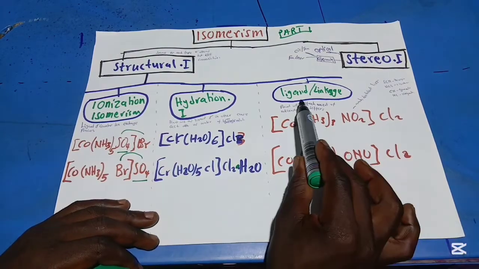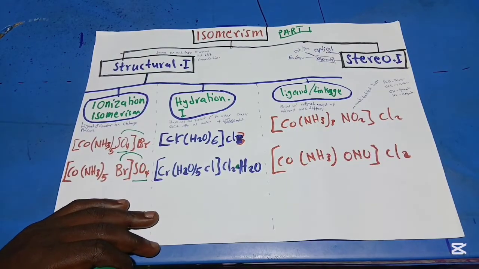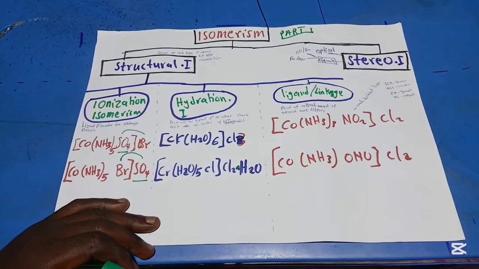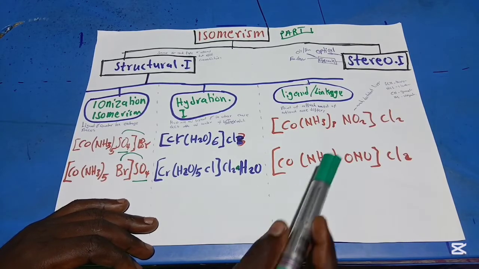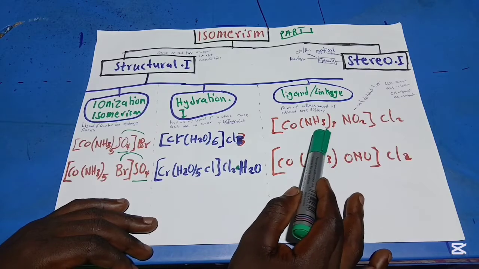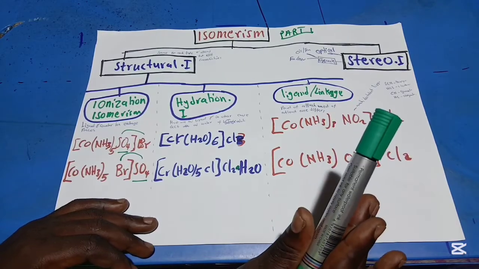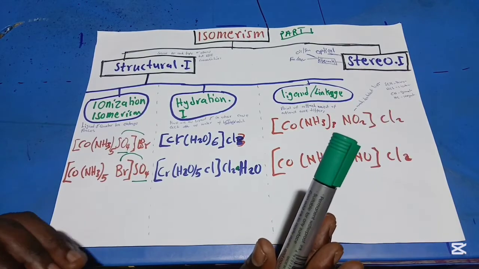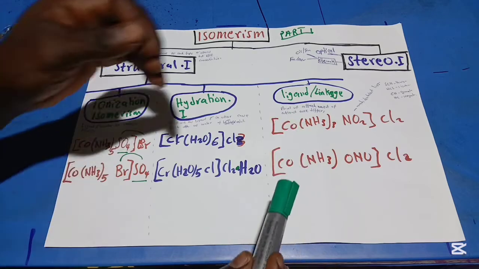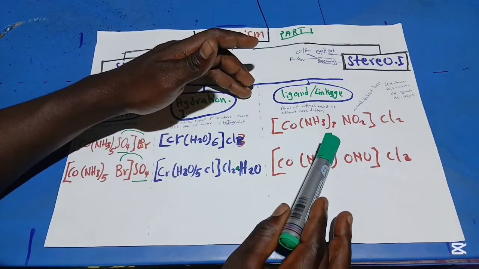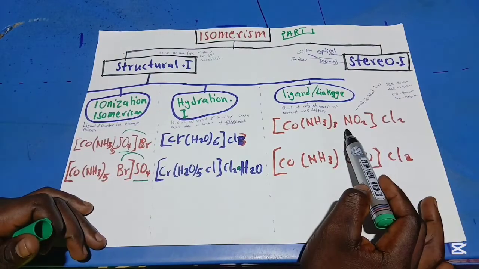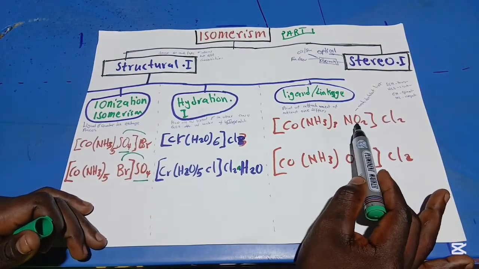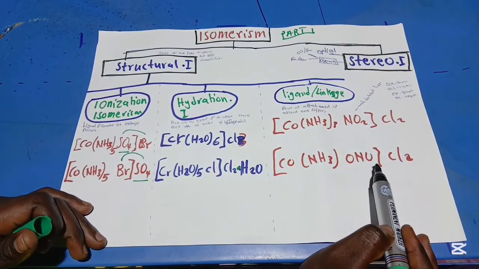So let's look at ligand or linkage isomerism. For this one, we have a ligand in a complex. Even if we have more than one ligand, at least one of the ligands has to point in a different way. The point of attachment of at least one of the ligands has to differ. If you look at this complex, NO2, and here we have ONO.